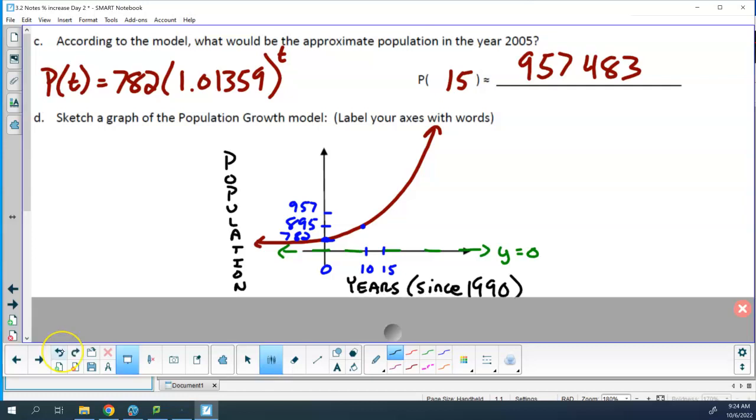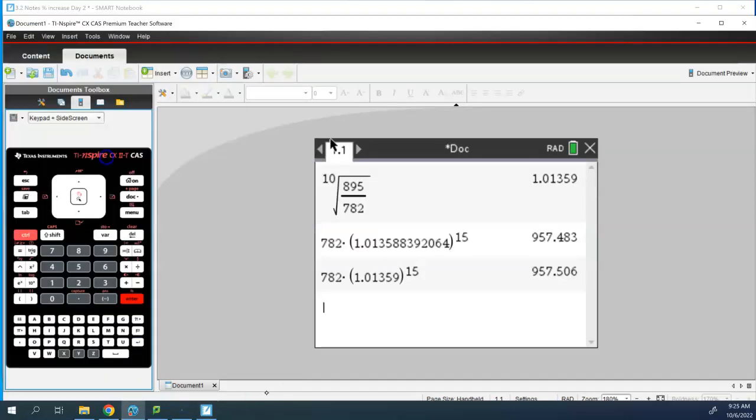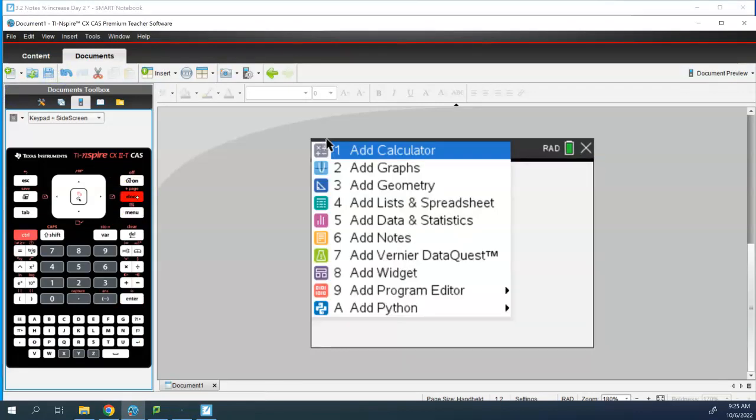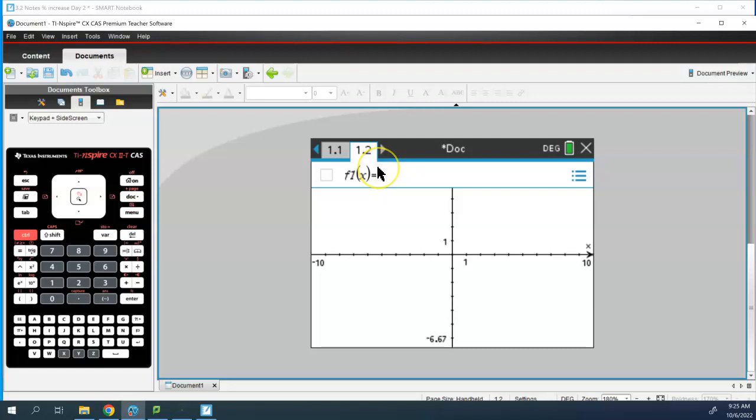Now, before we get to that one, let's put this very graph onto our calculator. So I am going to open up a second page. Control Doc gets me a second page. Then we are going to be adding in a graph.